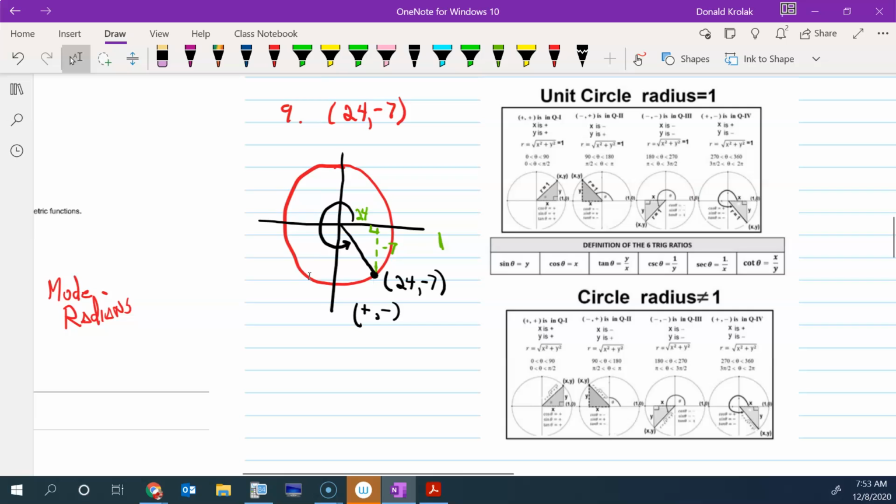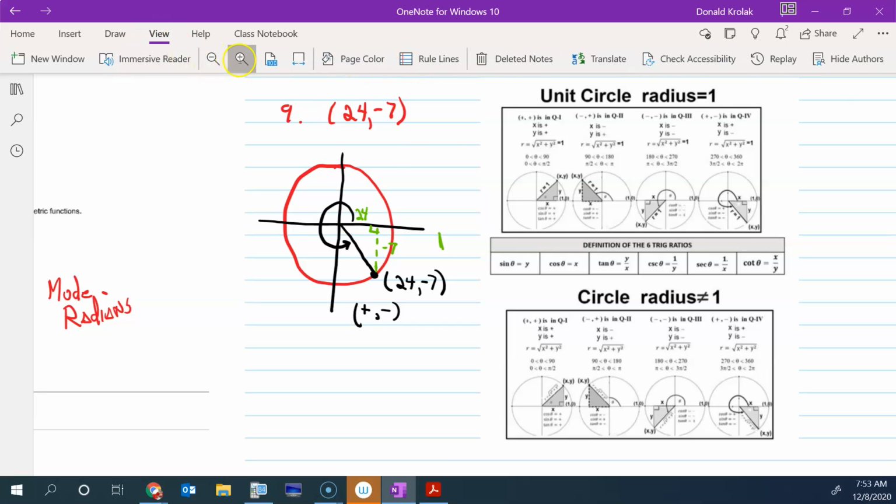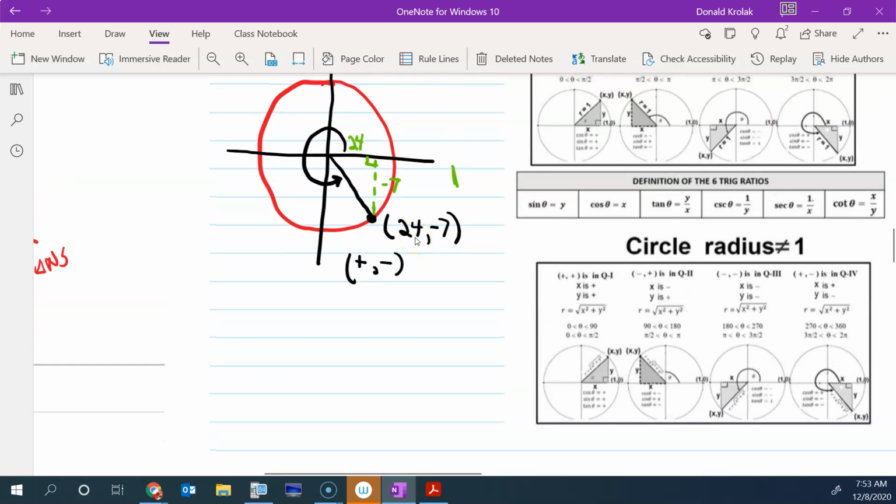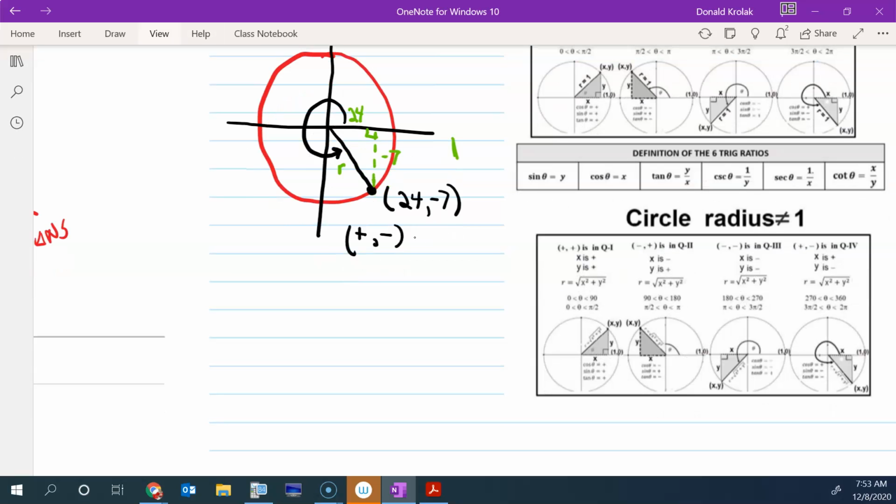Now, the length of the leg, guys, is actually a positive number. The negative just means it's facing down instead of facing up. All right, now let's get what the radius is. So that's when we use the Pythagorean theorem.